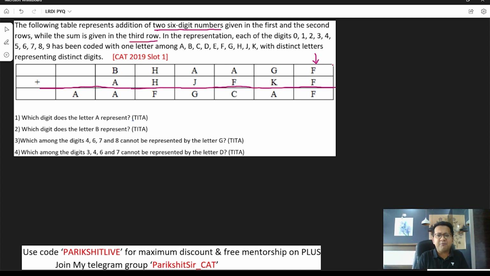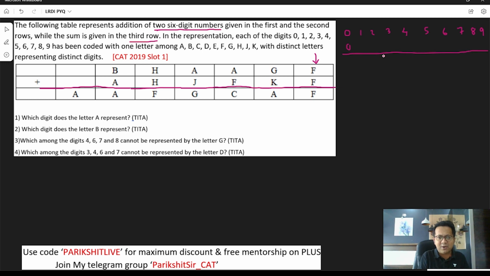Can F be, let's start from 0. Can F be 0? The codes are 0, 1, 2, 3, 4, 5, 6, 7, 8, and then you have 9. Correct? Now you add up two digits, the answer continues to remain the same. How is it possible?